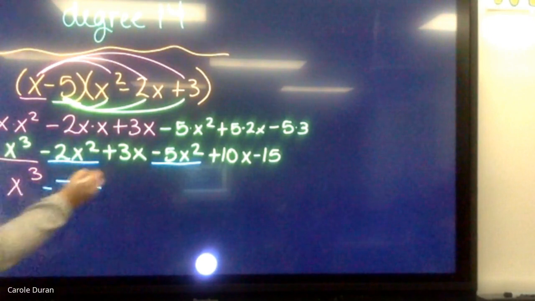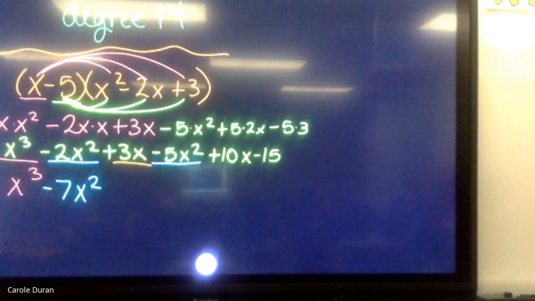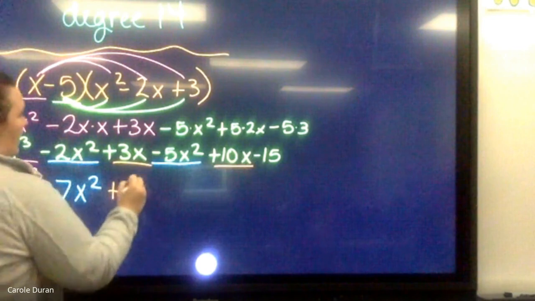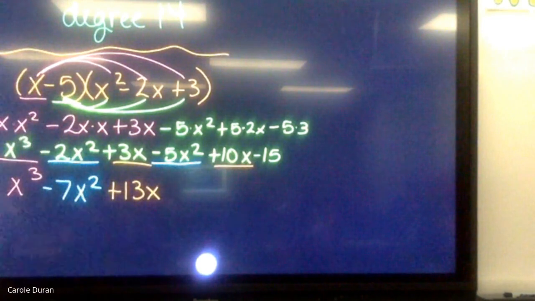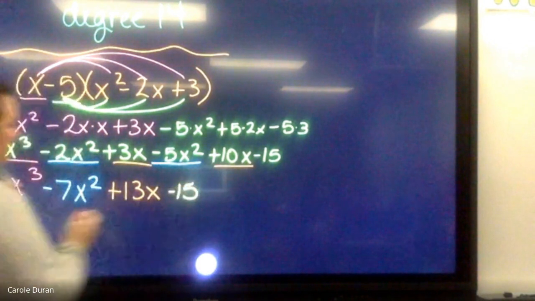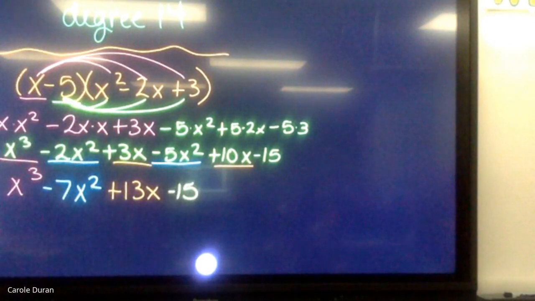My next term then is 3x. What can I combine that with? The 10x. 3 and 10 become 13, and my variable stays the same. What do I have left? I can't combine that with anything because there's no other constant term with no variable. So I just have the minus 15 at the end. Would that be the final answer? That's your final answer.